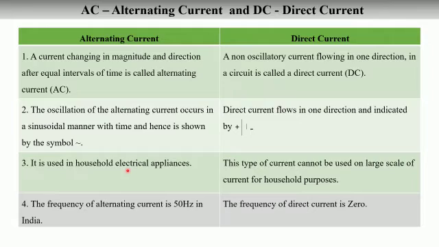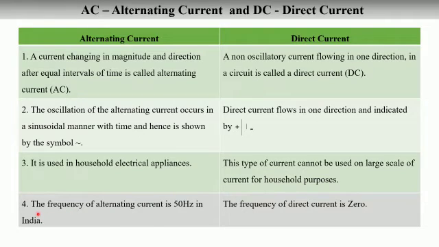So alternating current can be transmitted over long distances with negligible loss in energy. So most of the current used in the appliances in our home is alternating current, whereas direct current cannot be used on a large scale for household purposes.